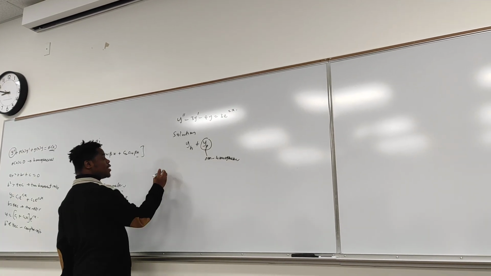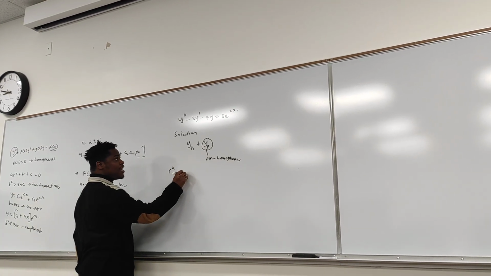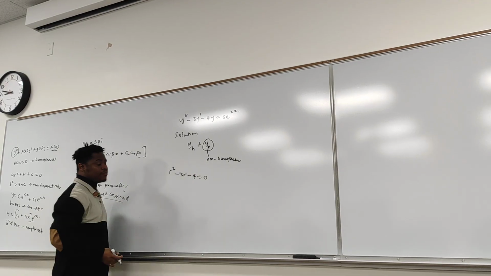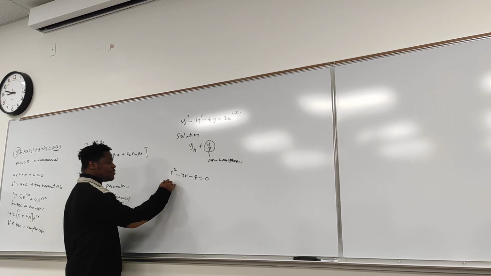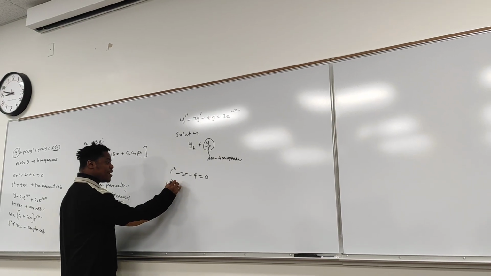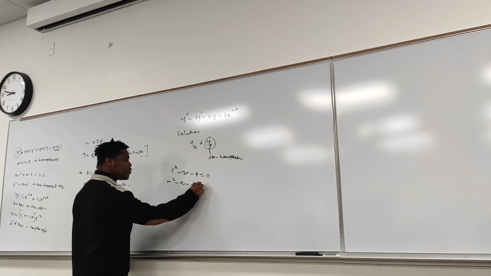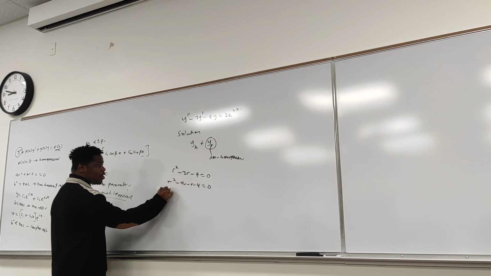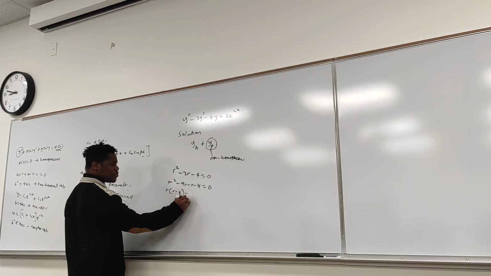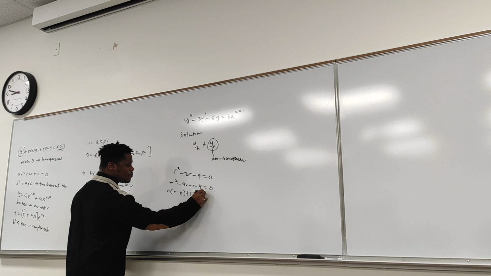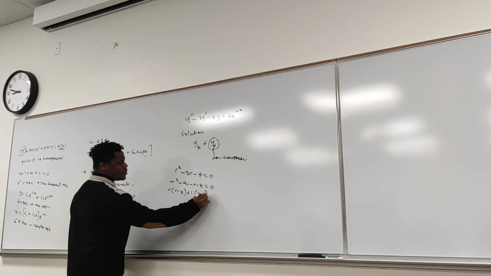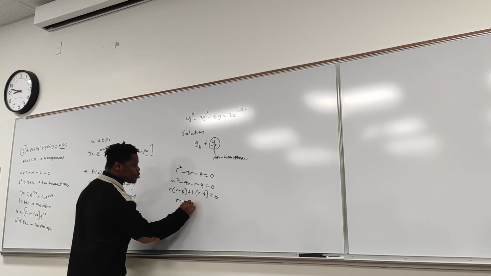The way we solve homogeneous is r² - 3r - 4 = 0. This becomes r² - 4r + r - 4 = 0, so (r - 4)(r + 1) = 0, and your r is -1 or 4.